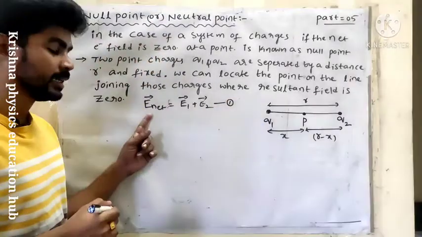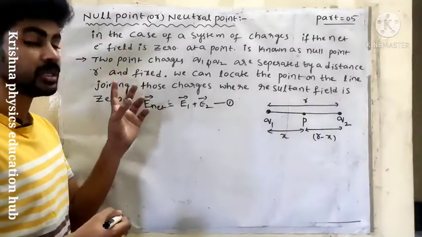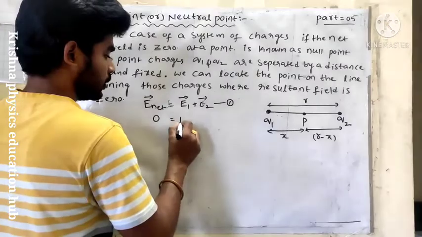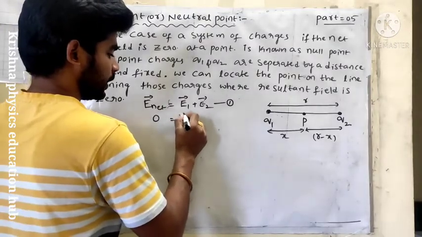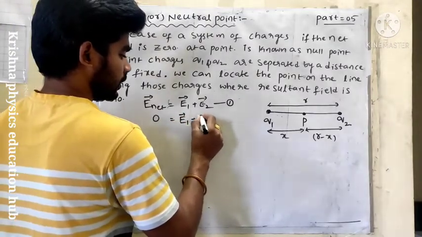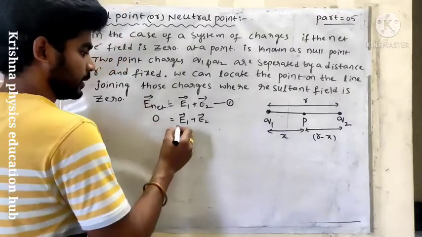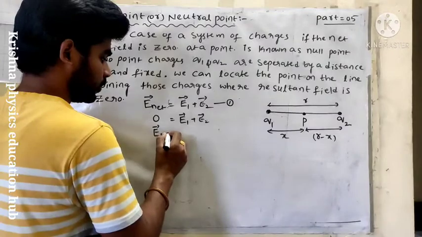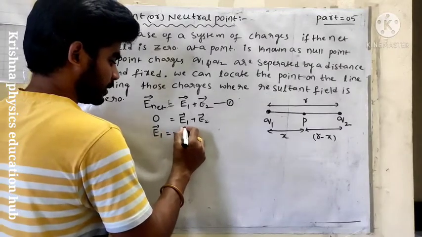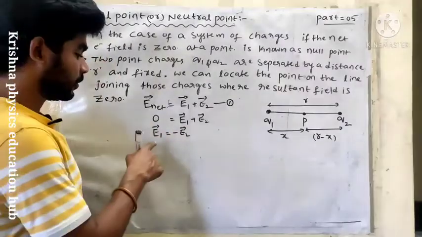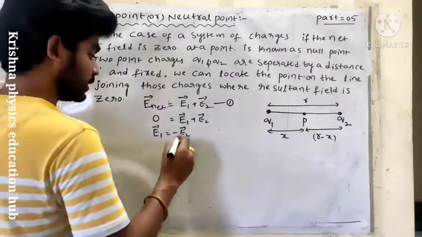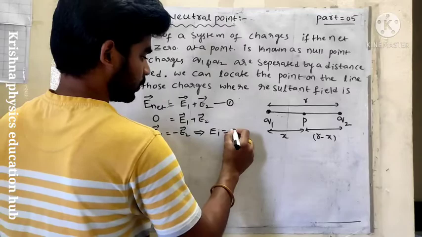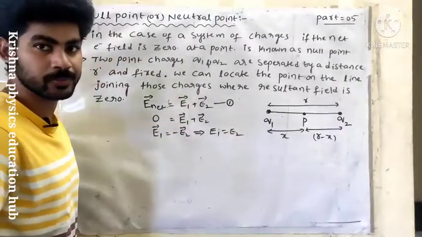According to the definition, E net is 0, so E1 bar plus E2 bar is 0, that is E1 bar is equal to minus E2 bar. Removing the vector notation, in magnitude E1 is equal to E2.